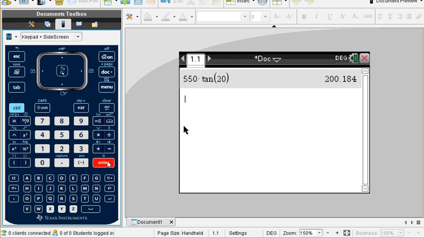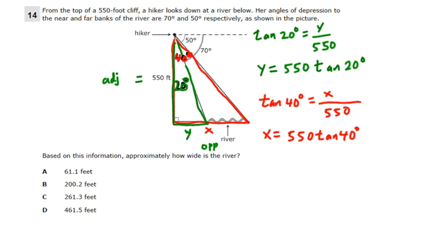That's going to be 200.2 feet. So that's going to be the green one, right? And you can already see an answer choice here lurking, B, for that. Now let's go find the other one.